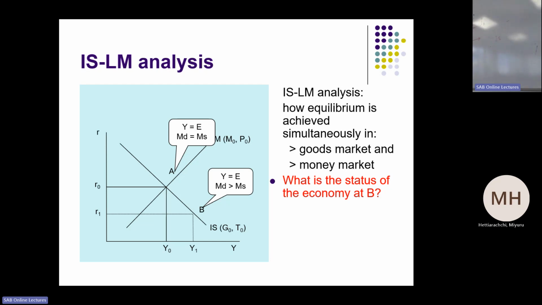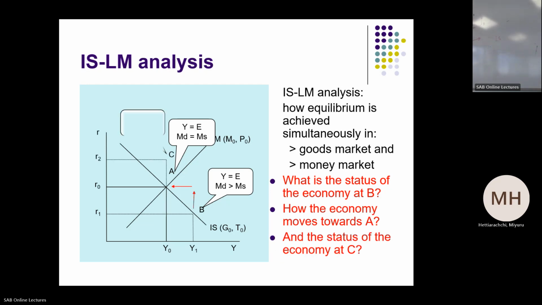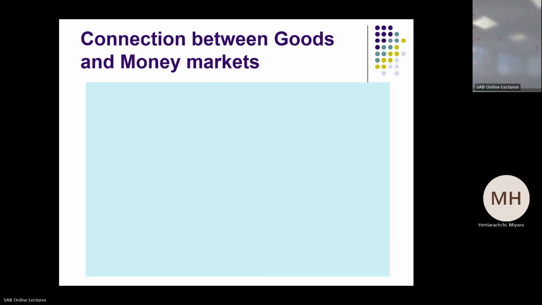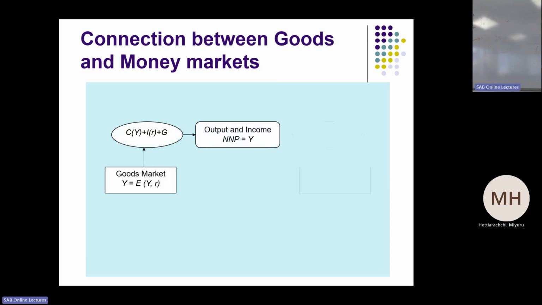So that's why, in the equilibrium analysis, we assume the other market, that means the foreign exchange market, also. Regarding the asset market and the goods market: the asset market is the money market, the financial market, and the goods market is the real sector.